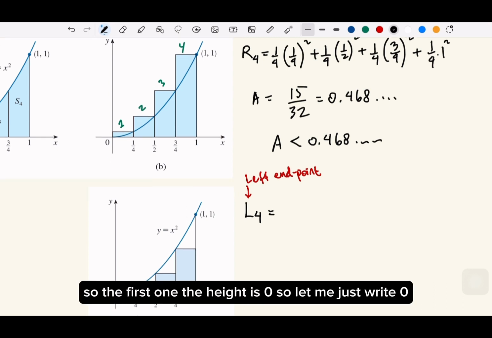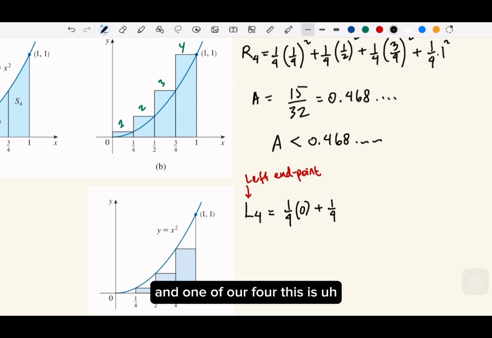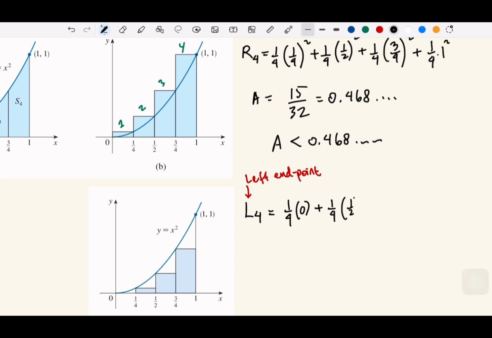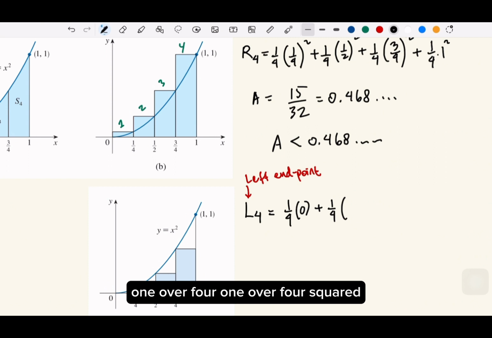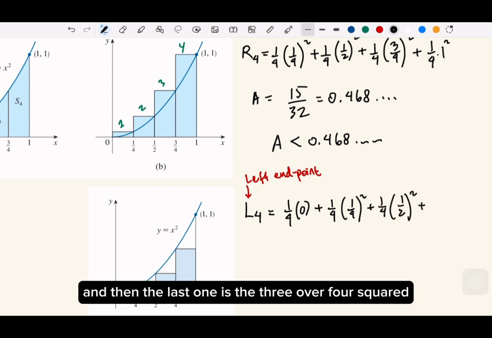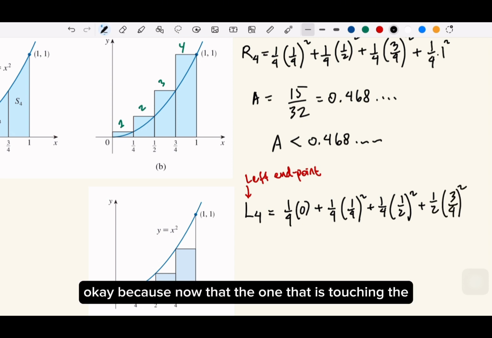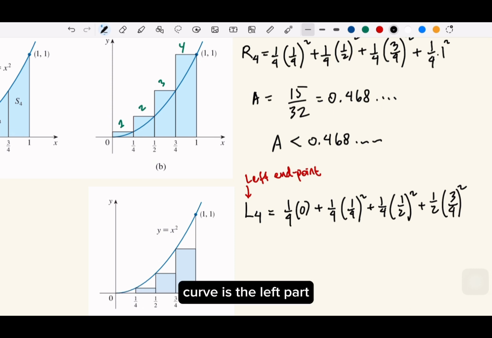So the first one, the height is 0. So let me just write 0, just to make sure that we have all the similarity. And then 1/4, 1/4 squared. Now it's the left one. And then plus 1/4 half. And then the last one is the 3/4 squared. Okay. Because now the one that is touching the curve is the left part.